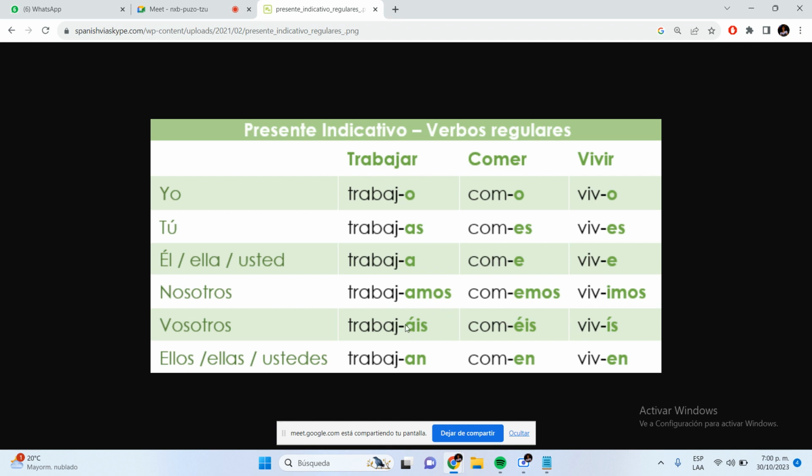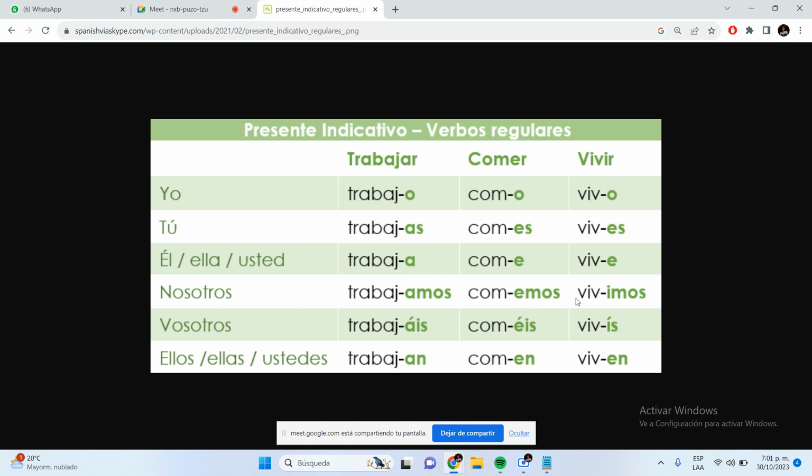Okay, we're going to skip vosotros because it's from Spain, and for ellos, ellas, ustedes, those have the same conjugation. As you noticed before, the er and ir verbs are the same, with the exception of nosotros.